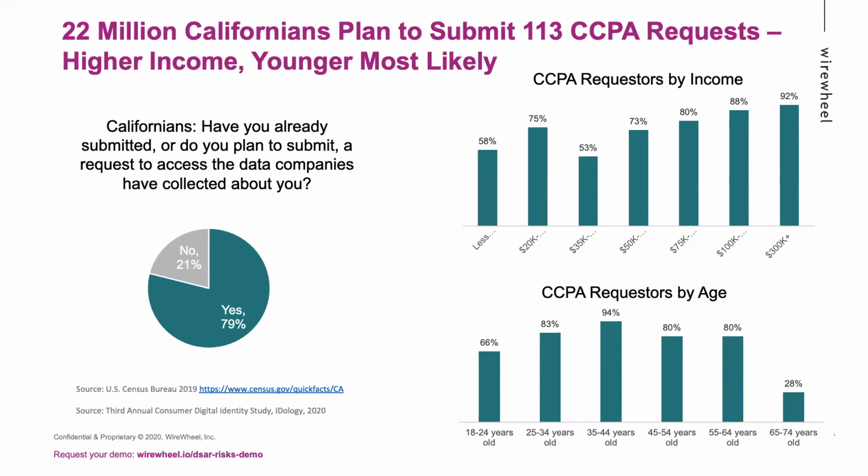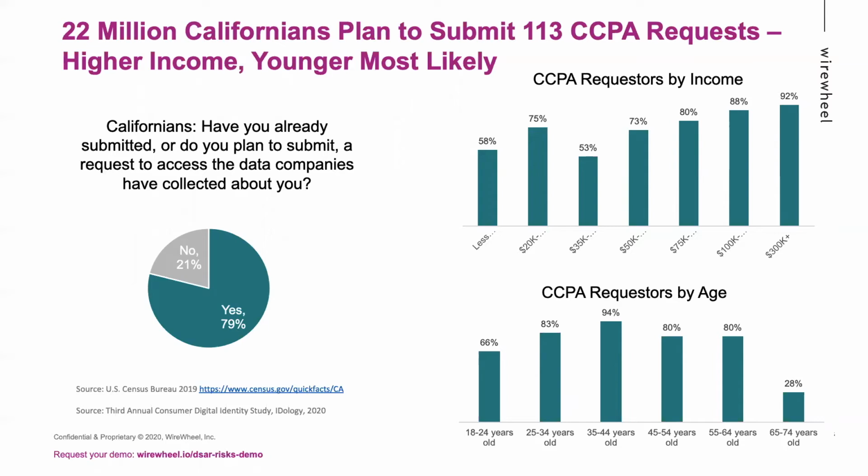There hasn't been a lot of data direction relative to the number of Californians that are going to request this information. So we asked Californians in our most recent third annual Consumer Digital Identity Survey, did you submit or plan to submit a CCPA request?